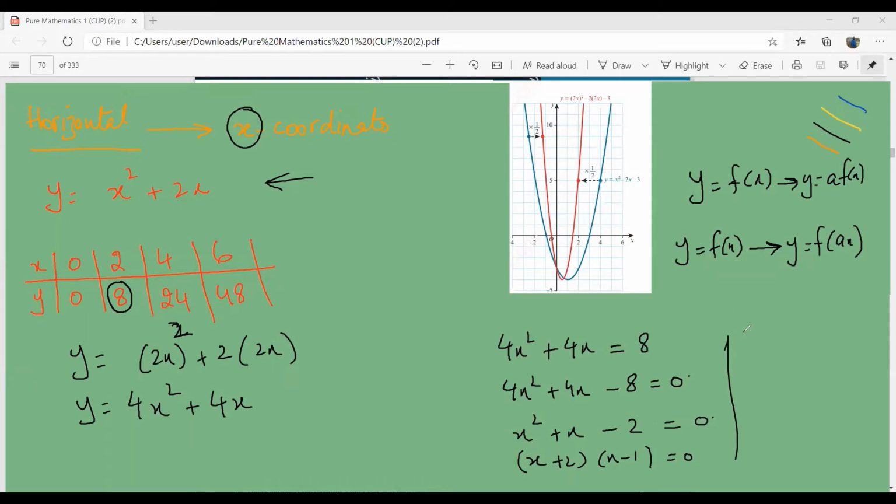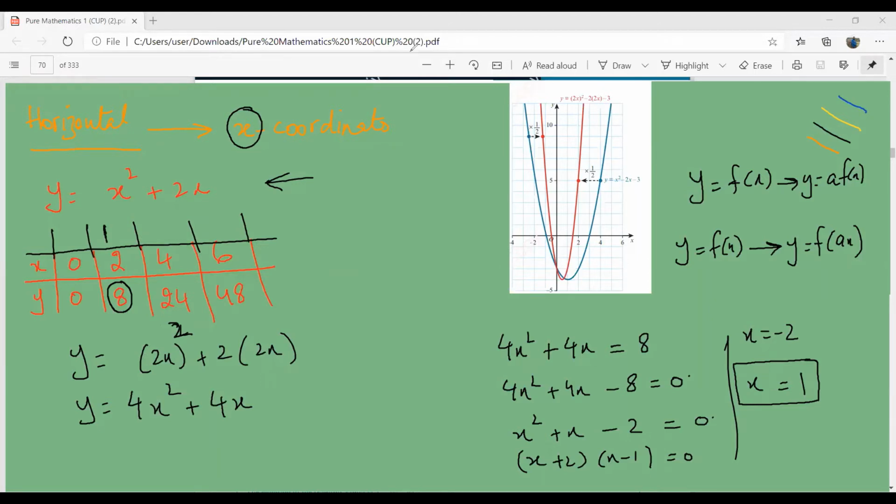So you have x equal to minus 2 and x equal to 1. I'll be taking the positive here, because obviously it is a quadratic equation and there must be another value of x where y is 8. Now this was the x coordinate originally, and now this has become 1.